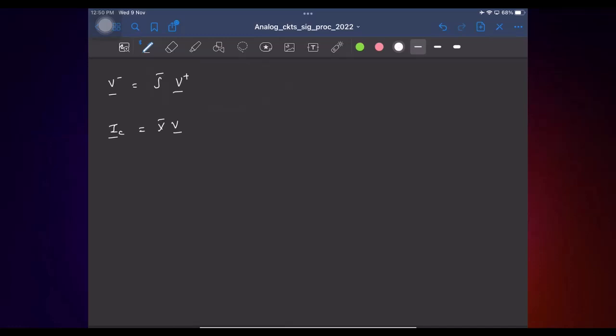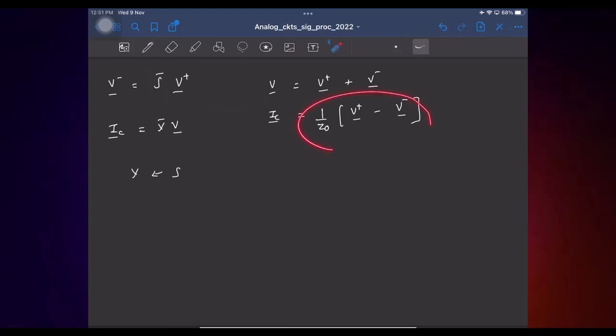Okay, and let's say what is the total voltage? It's V plus plus V minus, and the total current is 1 over Z naught times (V plus minus V minus). Okay, so now I want to find the y parameters, or the y matrix, from S. How do I do that? I can basically try to put this fellow here.